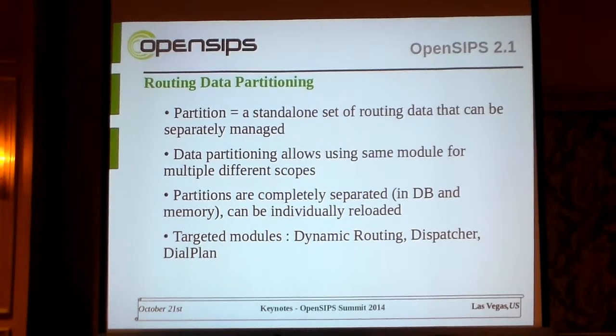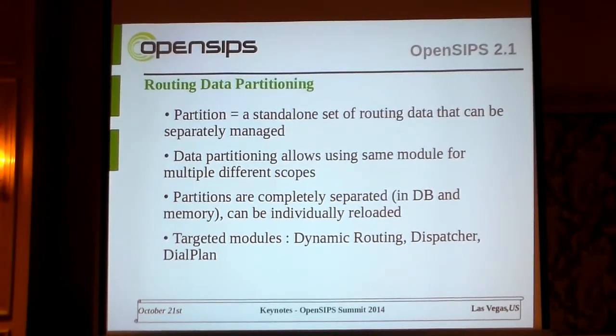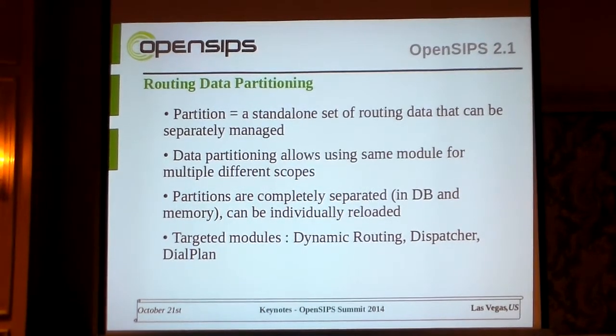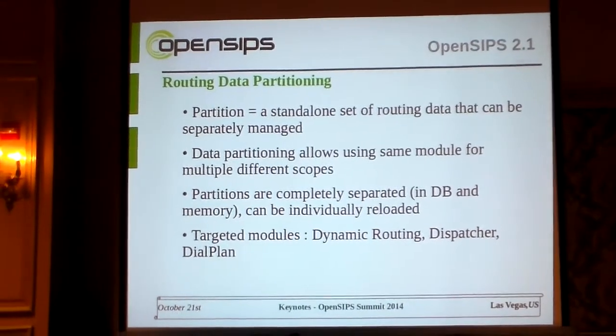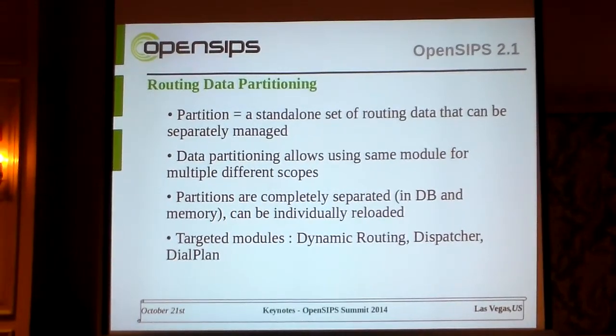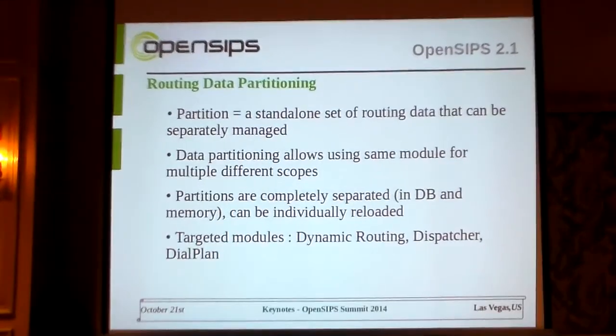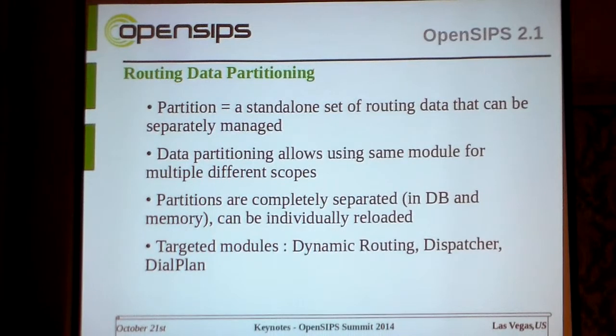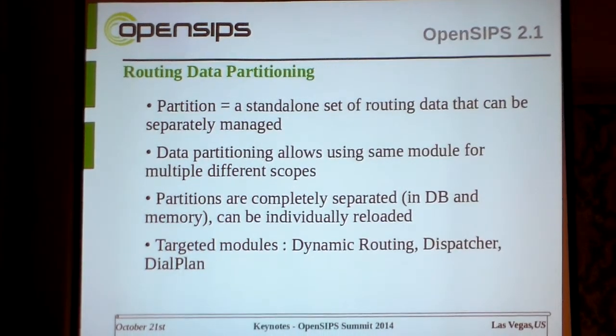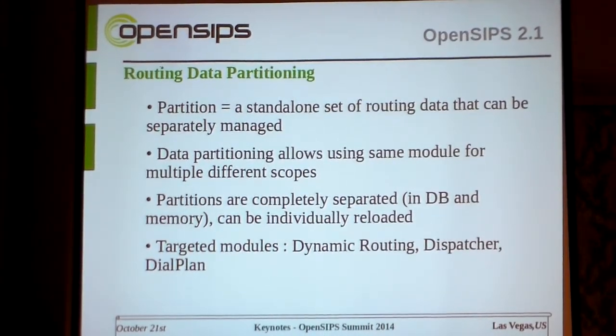So that's why we came up with an extra layer on top, with another way of grouping data, which is the partitioning. So dynamic routing, dispatching, and drouting right now do support in 2.1 the concept of partitioning, which means you can use different sets of data in parallel at the database level at the same time.